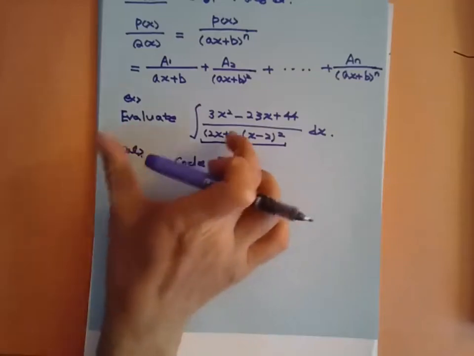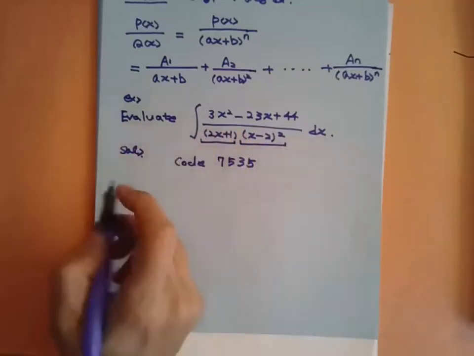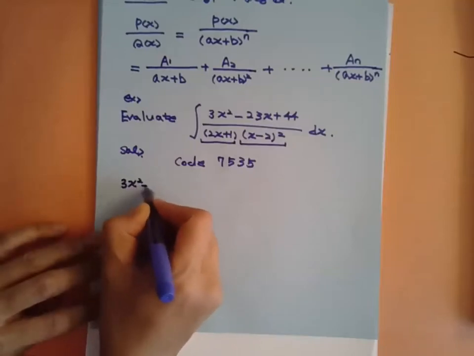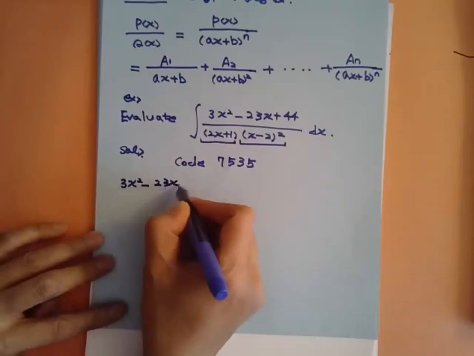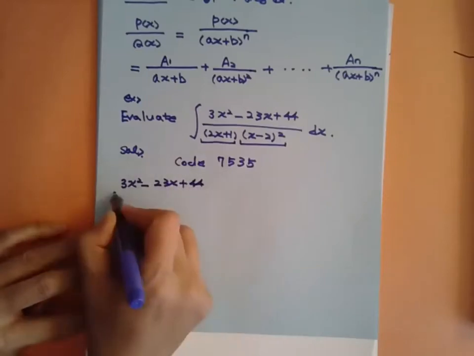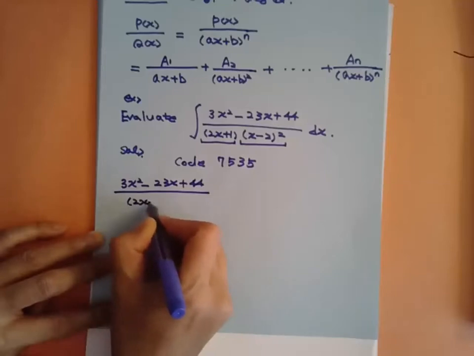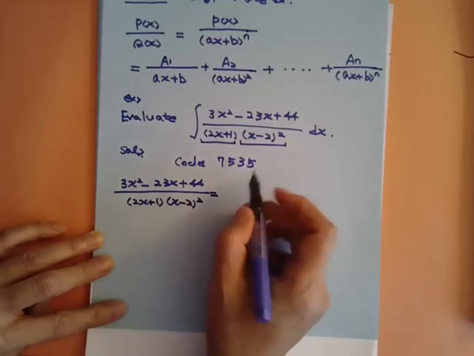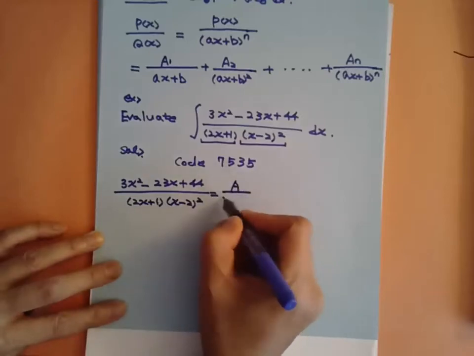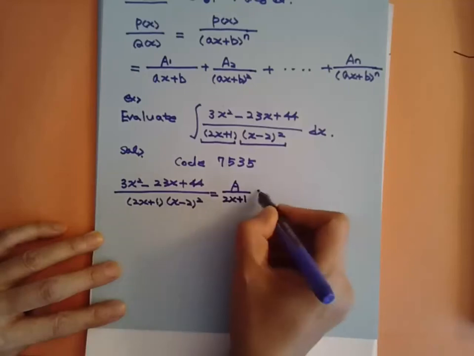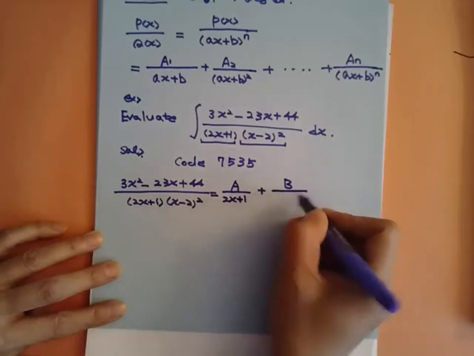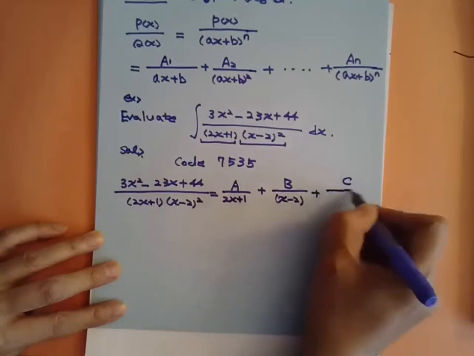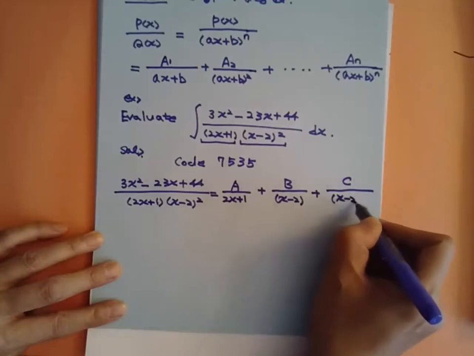So we will split that into 3 pieces. 3x squared minus 23x plus 44 over 2x plus 1 times x minus 2 squared is a over 2x plus 1 plus b over x minus 2 plus c over x minus 2 squared.